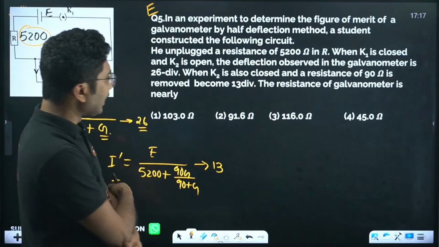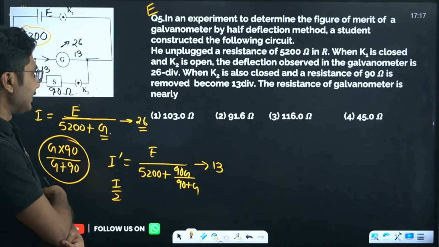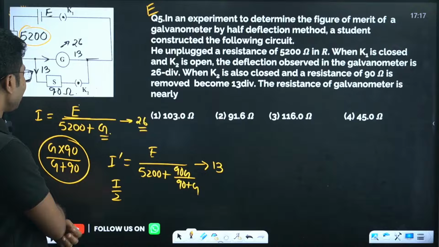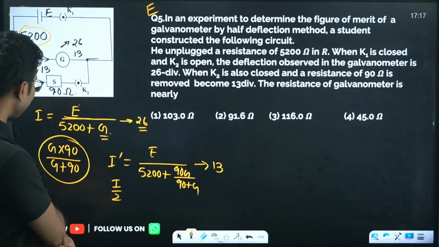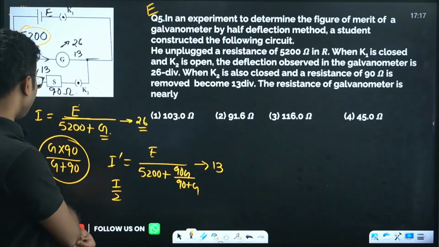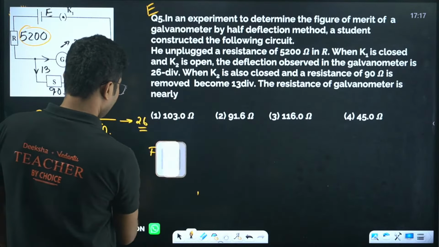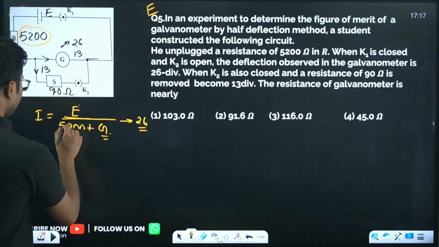I know what the answer will be, it will be close to 90 only. Close to 90 will be 91.6, but mathematically I am not able to correct it.